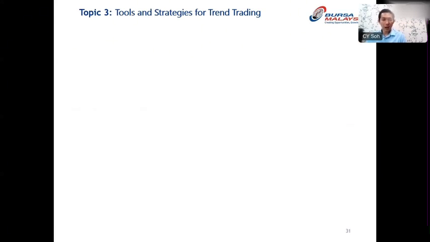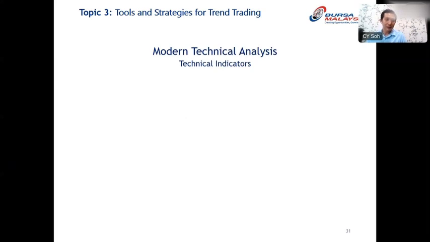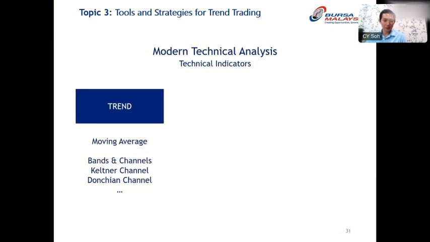So how about modern technical analysis? Now, modern technical analysis, of course, we will be using technical indicators. So later on, can you let me know which of these indicators you are using? Modern technical indicators, we have three categories. The first category, which is the trend category, primarily looks at the direction of the prices, whether it is going up or coming down.